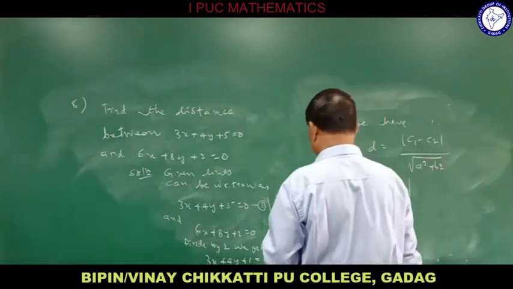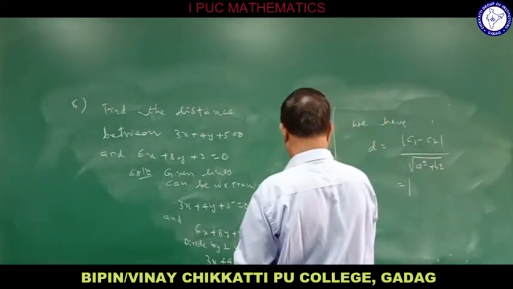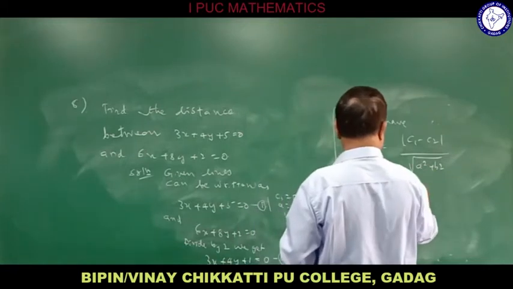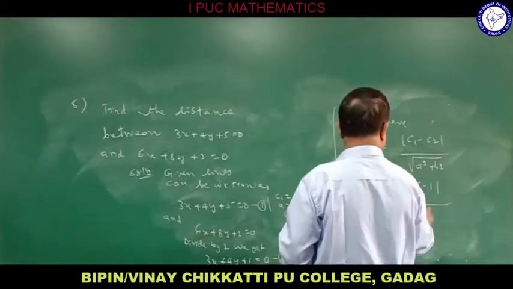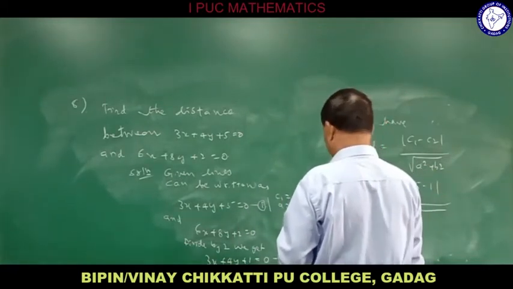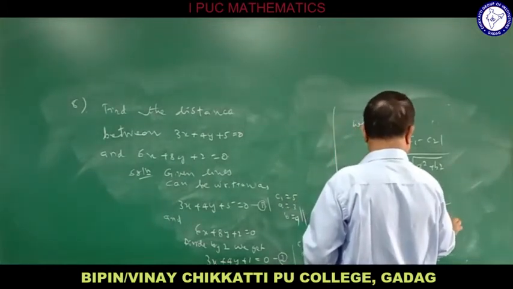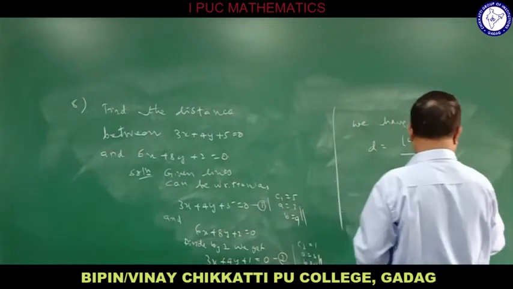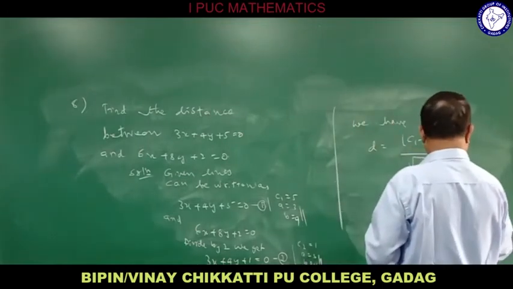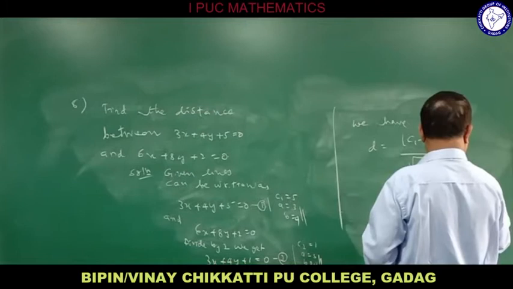C1 is 5 and C2 is 1, so 5 minus 1 divided by root of 3 square plus 4 square. 5 minus 1 is 4. 4 divided by the square root of 9 plus 16.